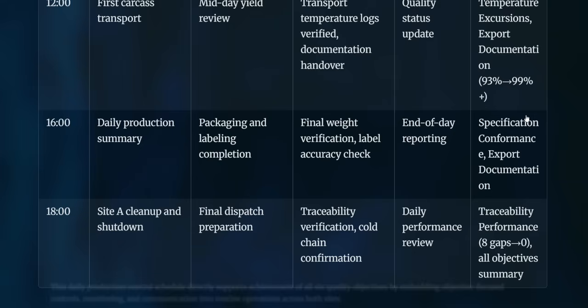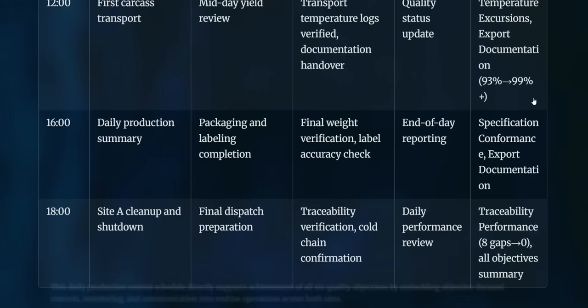Then at 6 p.m., site A will clean up and shut down. Site B will conduct final dispatch operation to the markets. The controls include traceability verification and cold chain confirmation. The communication here includes daily performance review.